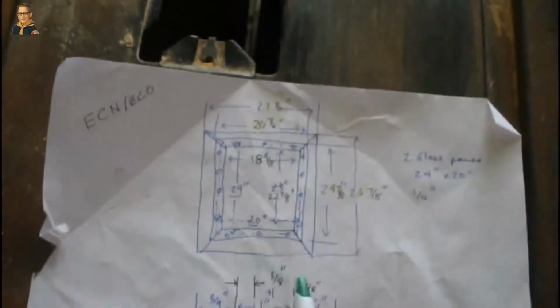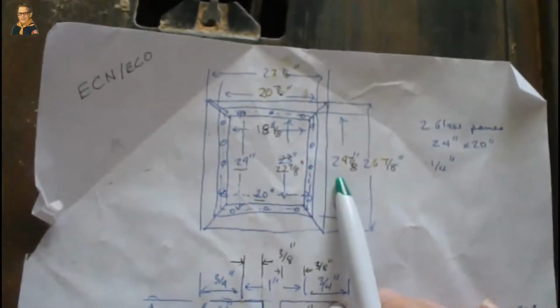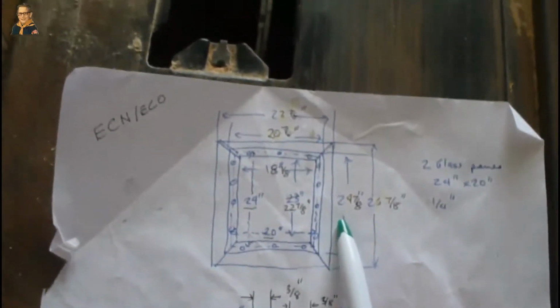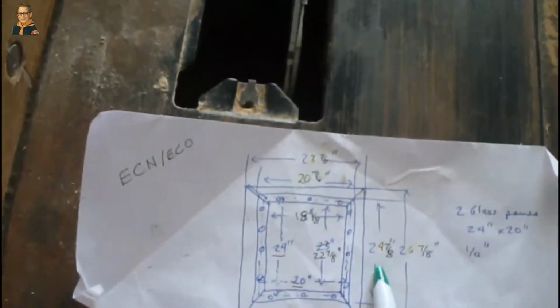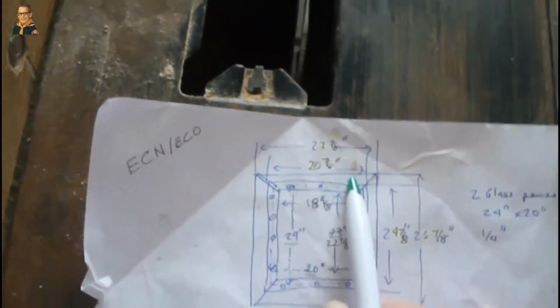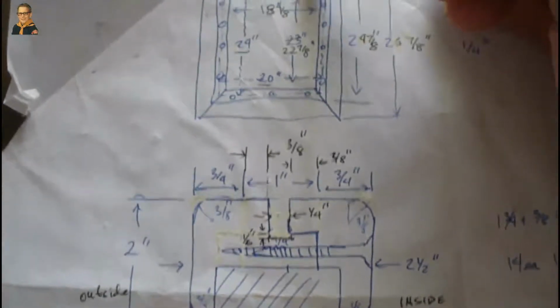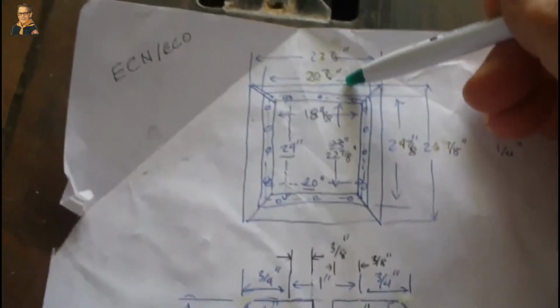Well, the existing window opening is 25 inches by 21 inches. And I designed this to be exactly 25 by 21, and I thought, if I have to, I can cut the door.